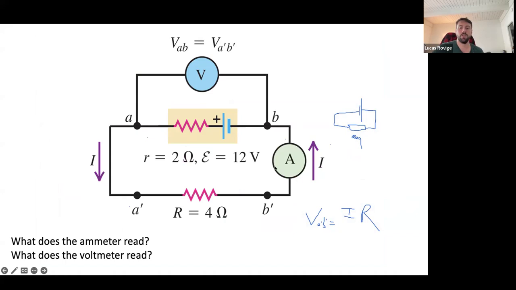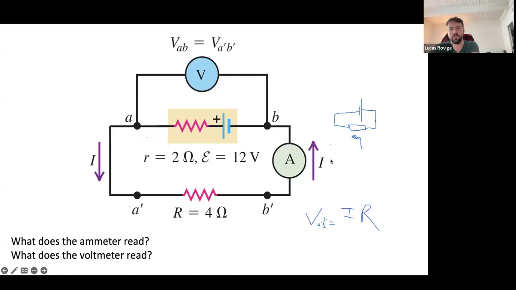So usually an ammeter can be assumed to have zero resistance. And so since it has zero resistance, the potential difference between B prime and B should be the same. And so the total voltage here would be the same as this one. And so we get 8 volts.